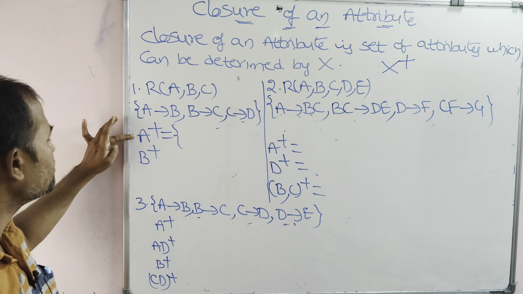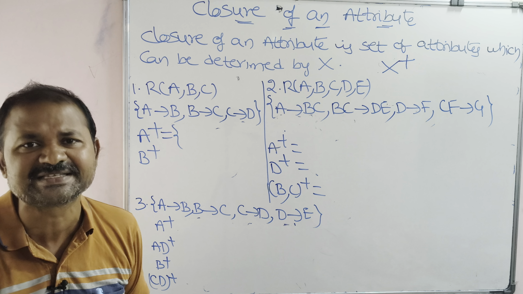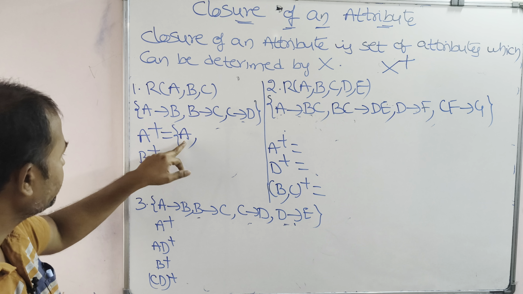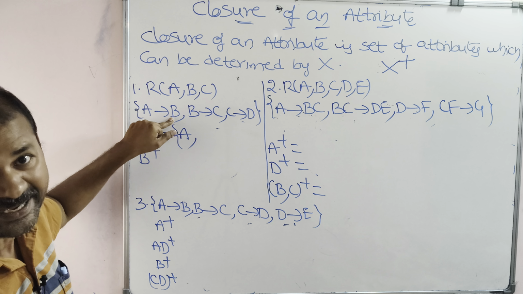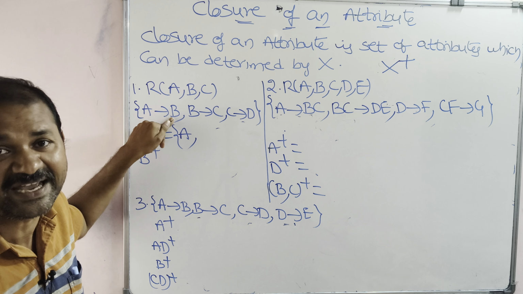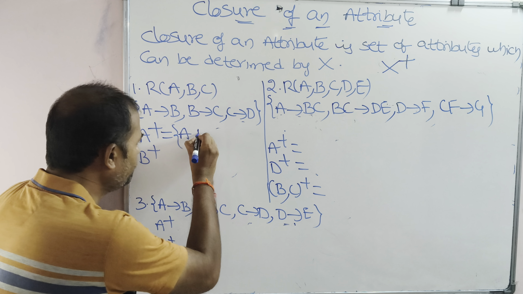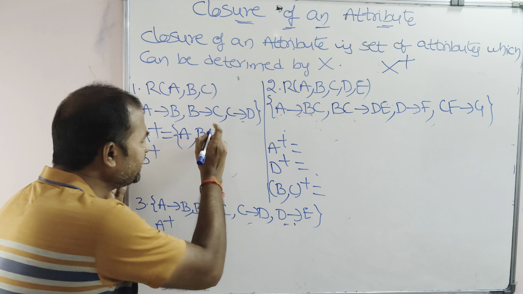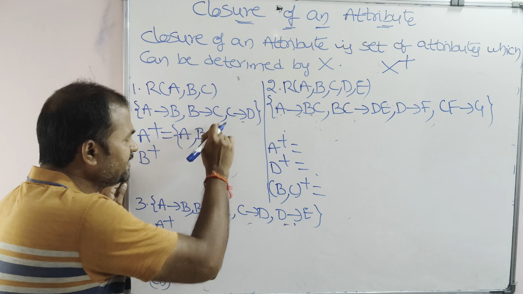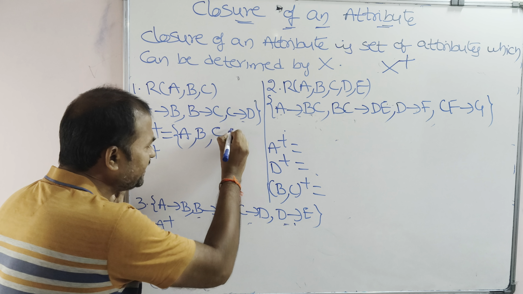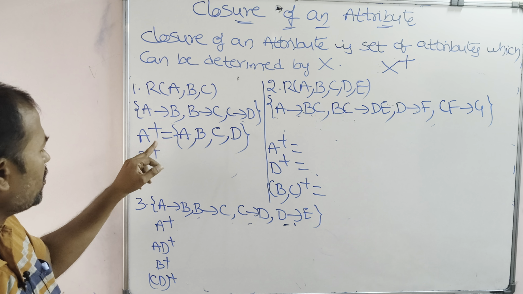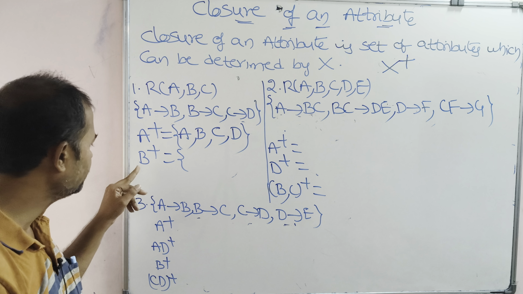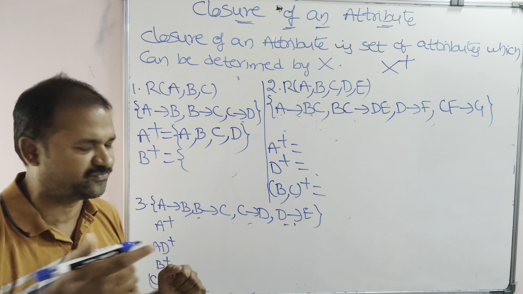Next, closure of A means A determines itself. So A. Next, here we have A. A determines B. If we have A, then we can determine B. So B. Next, here we have B. B can determine C. Next, here we have C. C can determine D. So the closure of A is A, B, C, D. Next, let us find the closure of B. B can determine itself.